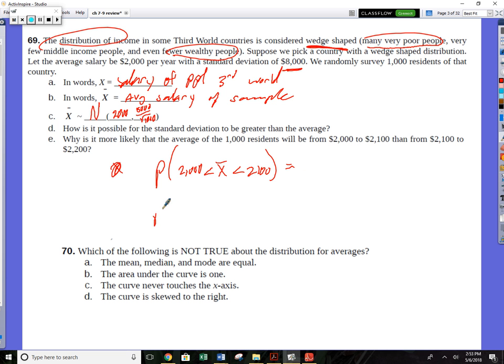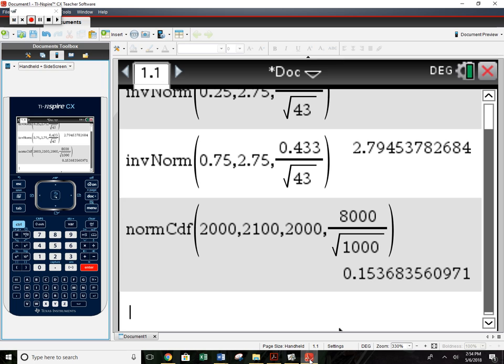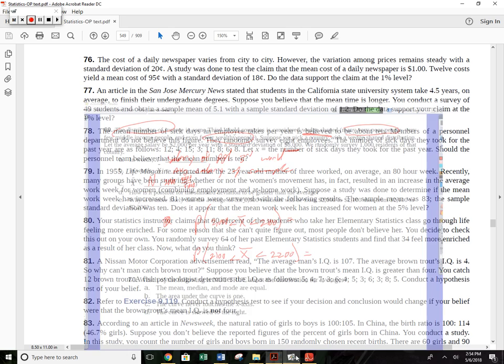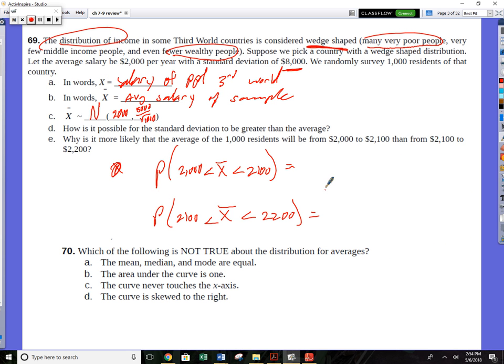And what is the chance that the average is going to fall from 2,100 to 2,200? So we just did this one and we got a 15.4% chance. 0.154.